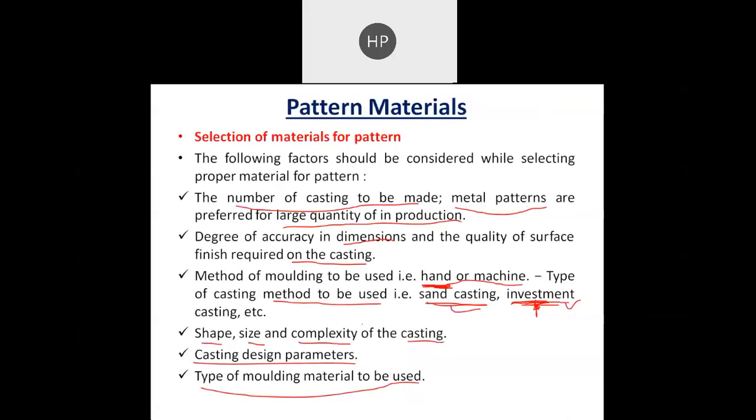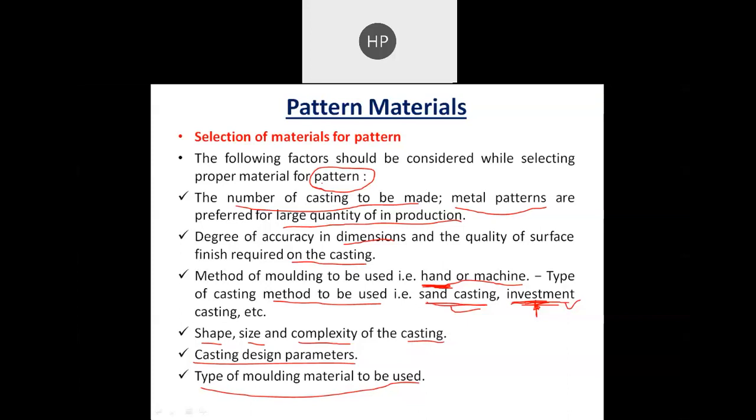So these are some of the criteria to keep in mind while selecting a pattern material, because if we choose the wrong pattern material, there will be a chance of increased cost, increased manufacturing time, as well as sometimes large defects. And in some cases you are not even able to make the product. So the selection of pattern is very important.